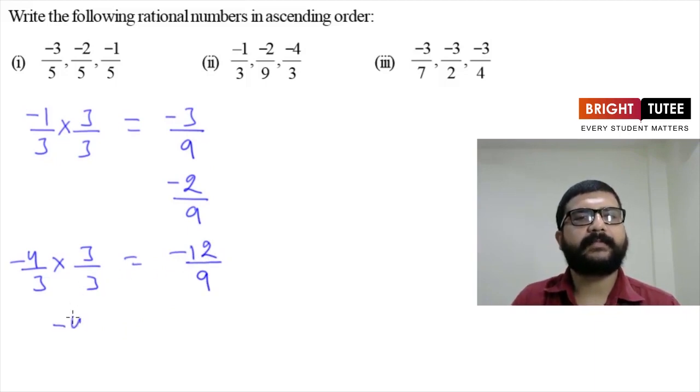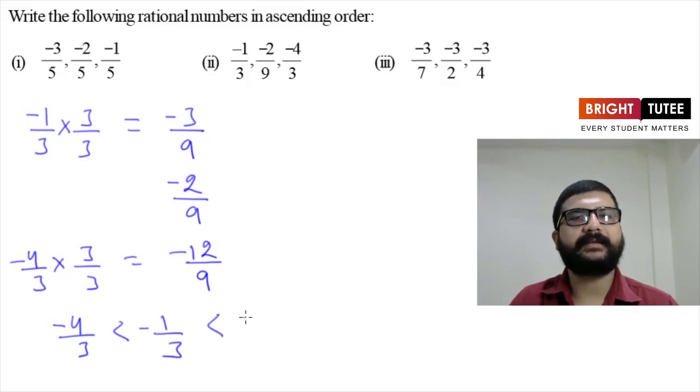So therefore minus 4 upon 3 is the smallest, and then we will have minus 3 upon 9. So therefore it will be minus 1 upon 3, and then minus 2 upon 9. So this is the ascending order of the given numbers.